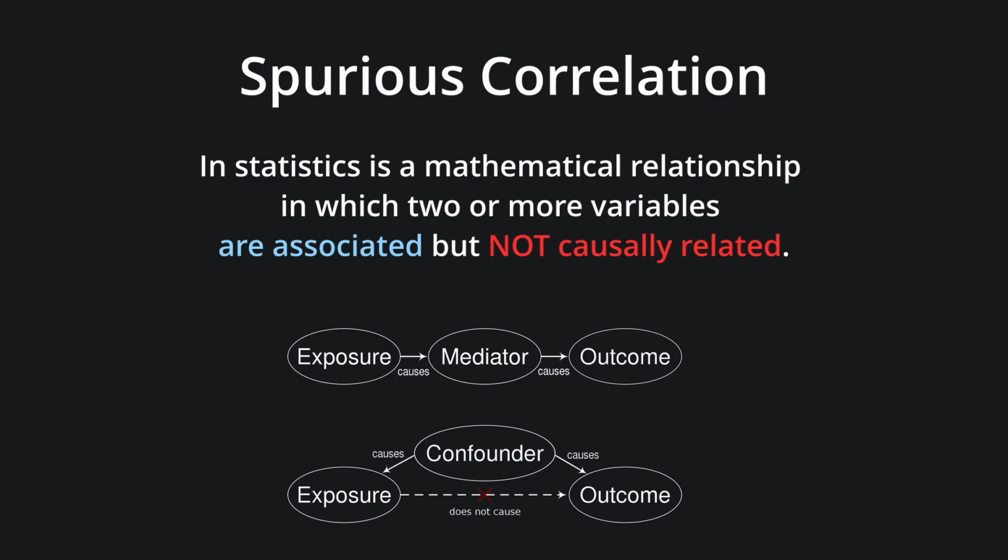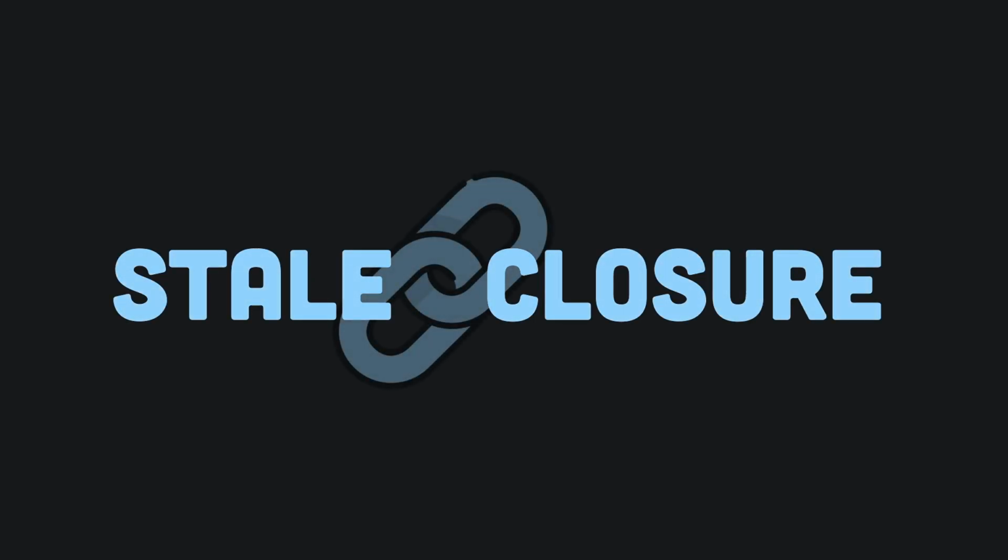I believe that we as a community have semantically fallen into this fallacy. We have mistaken a correlation, where closures and staleness appear together, for a causal relationship, because closures are not causing values to be stale. And this is the conclusion that I have for you today.